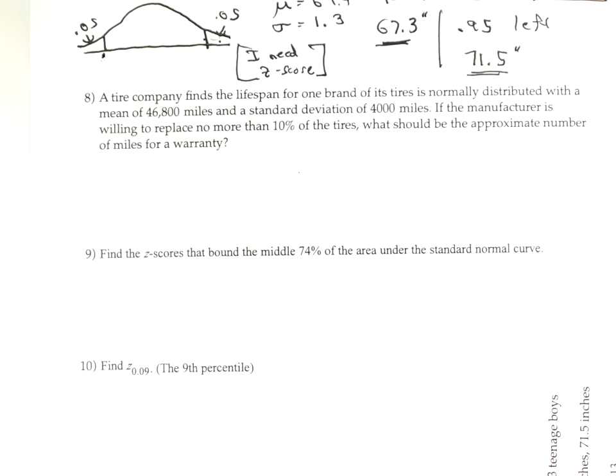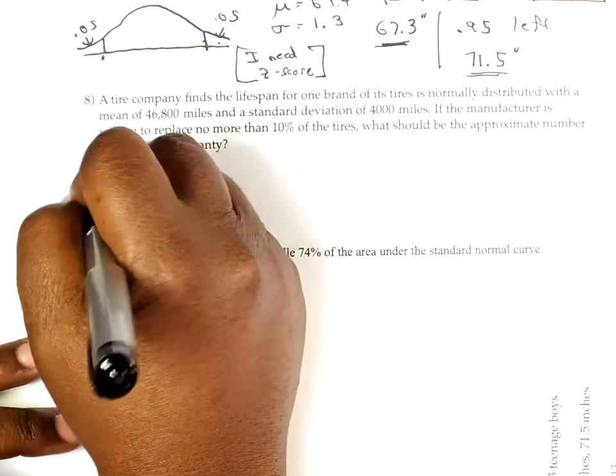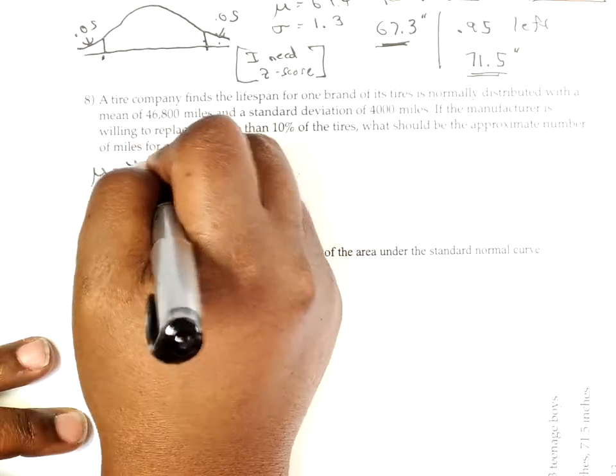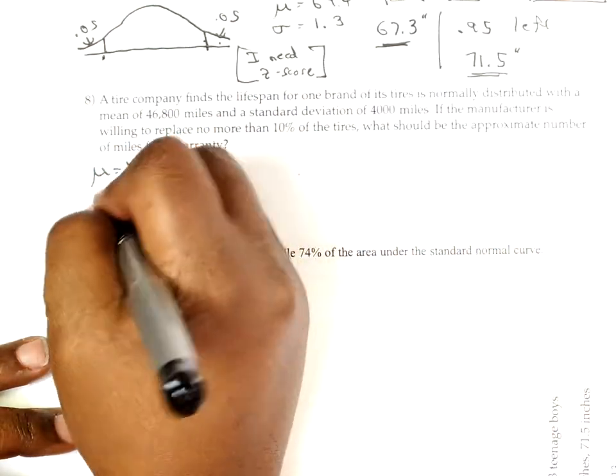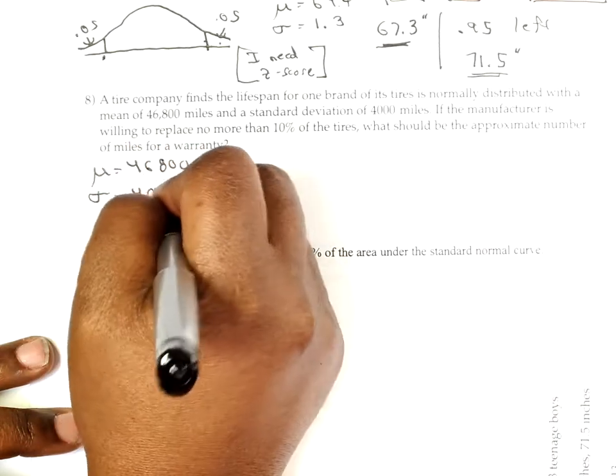All right, number 8, we have a tire company finds the lifespan for a brand of its tires is normally distributed with a mean of 46,800 miles. And a standard deviation of 4,000.